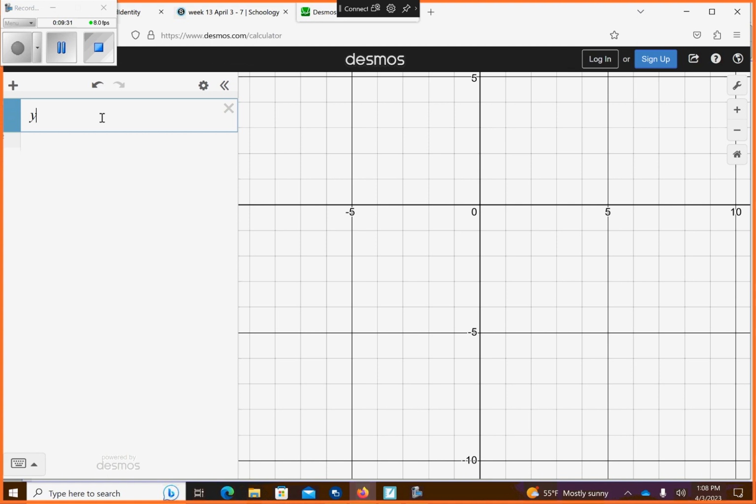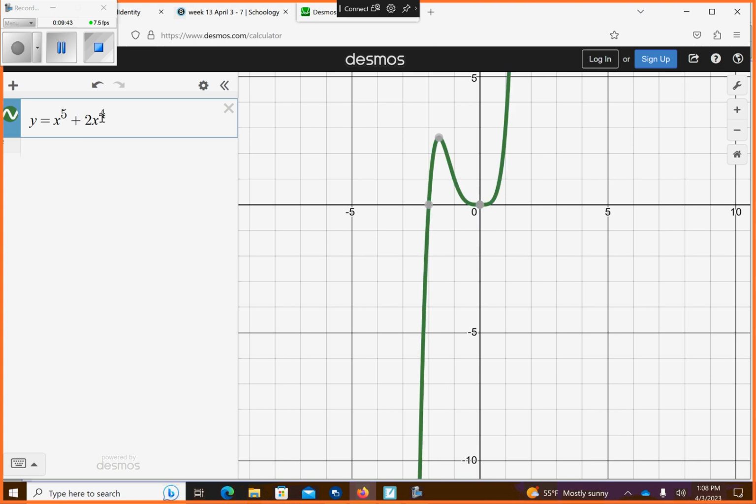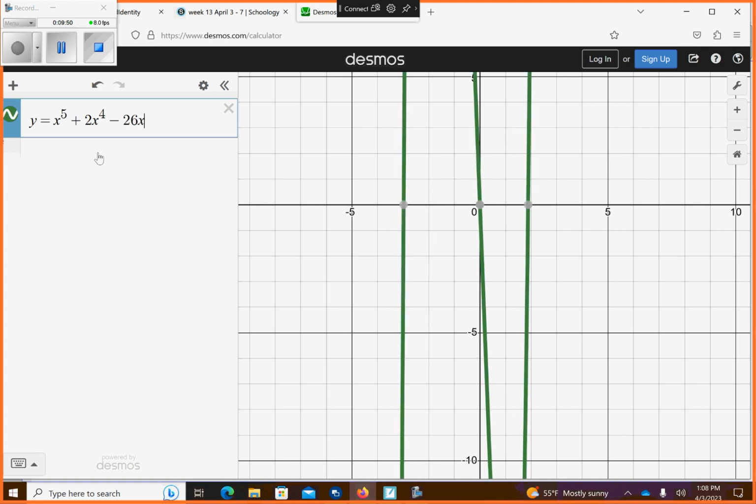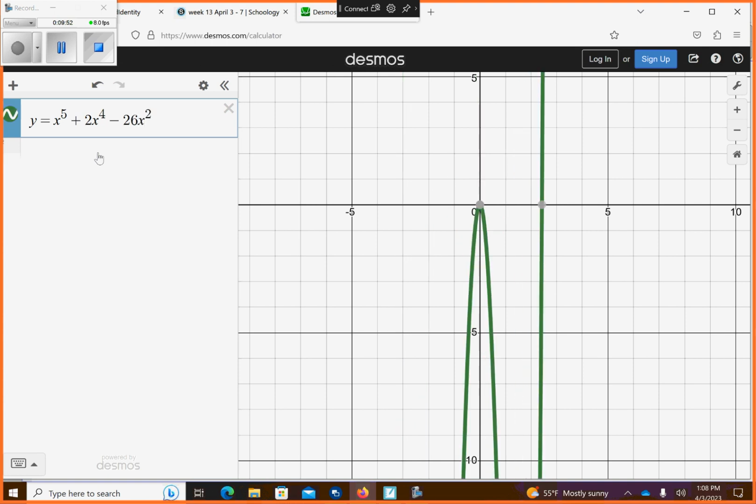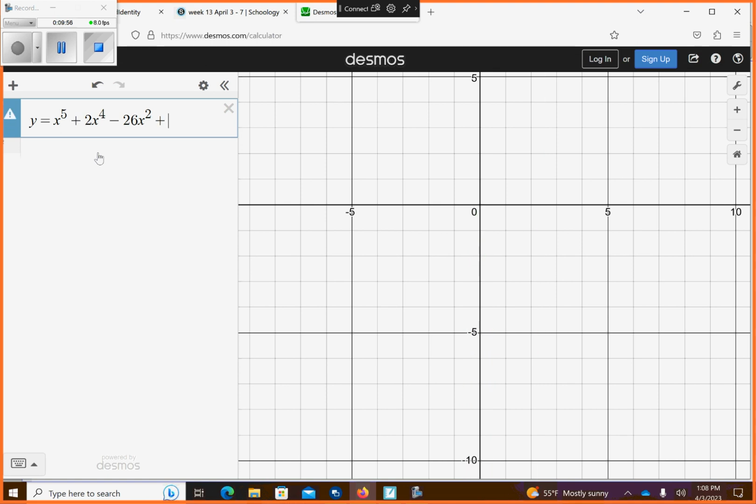So I have y equals x raised to the 5th plus 2x to the 4th minus 26x squared plus 36x plus 72.